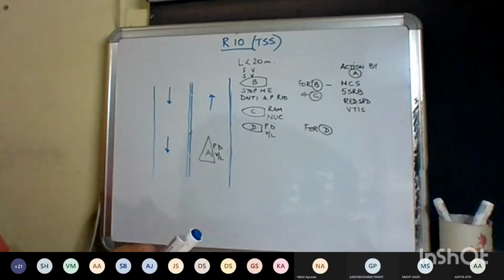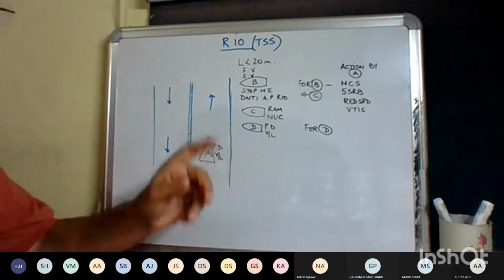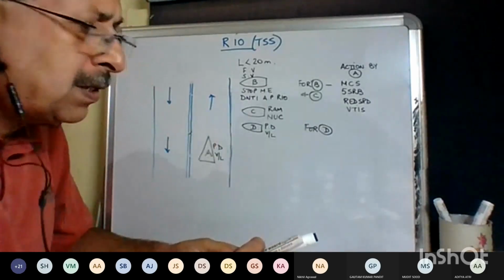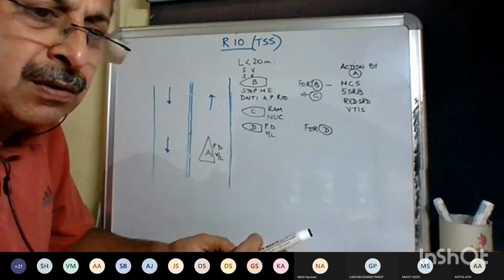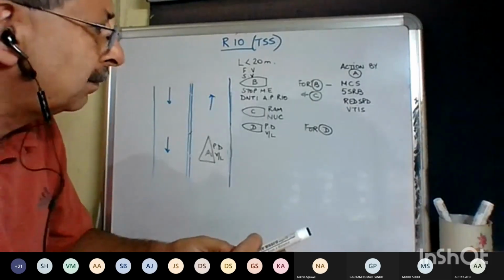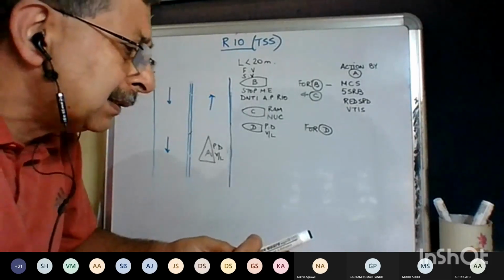Normal steering and sailing rules will apply. Delta is supposed to avoid, but in case risk of collision exists, the normal steering and sailing rules will apply. Please remember that.